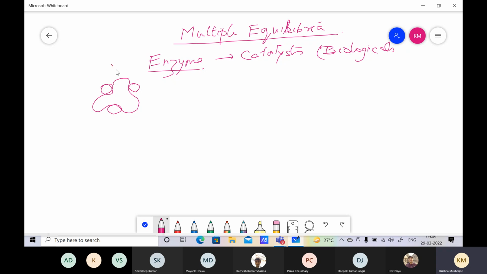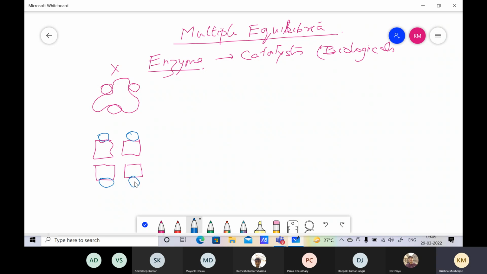Usually not like this, but the fact that it would be a multimer, and each multimer would have a binding site.